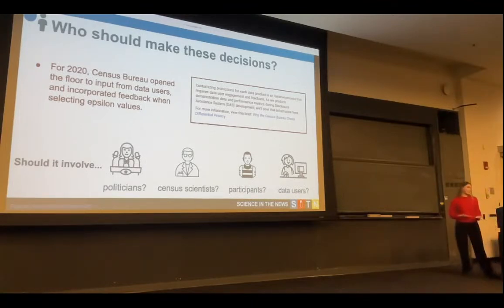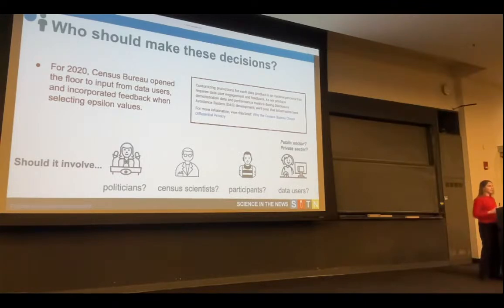We can think about census participants who are the ones most largely impacted by these decisions and how big of a role they played in these decisions and how big of a role they should. And then we can think about data users, the people who use this released census data to make decisions in their organizations. And they were a pretty large part of this time around.